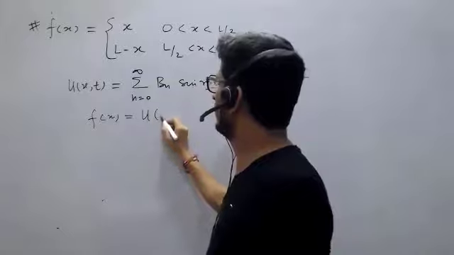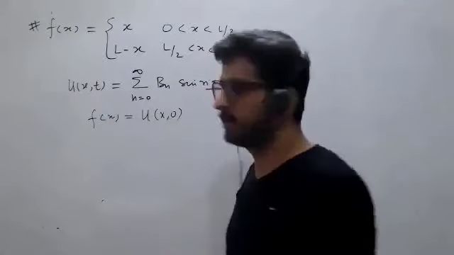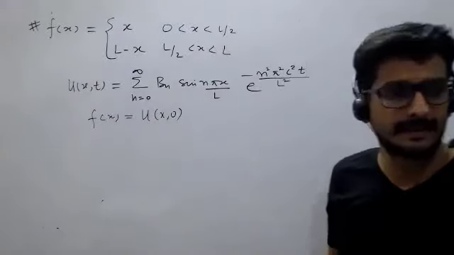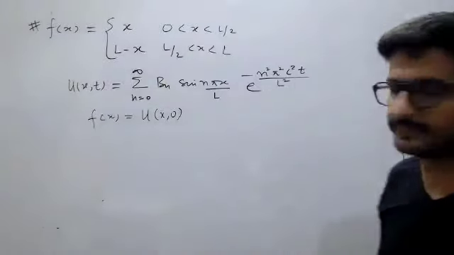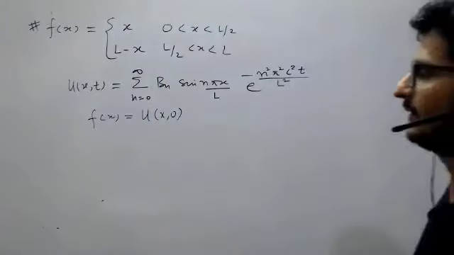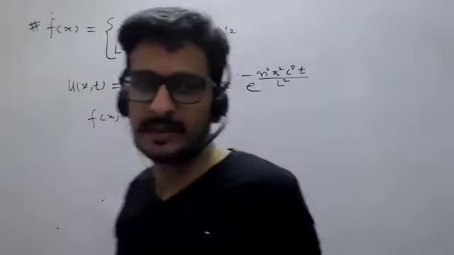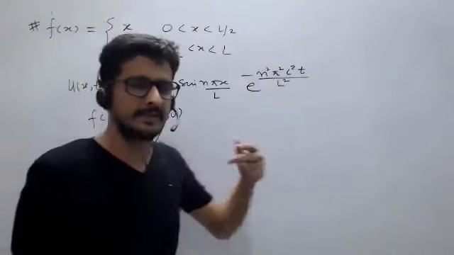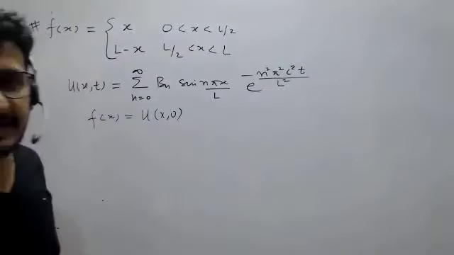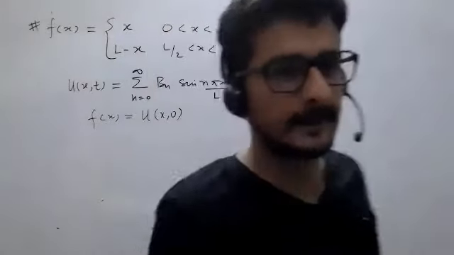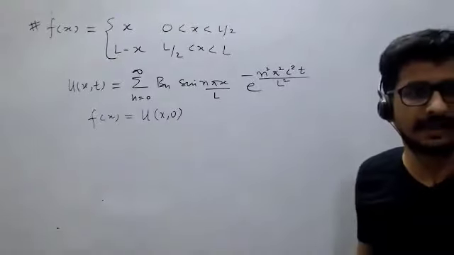It is u(x,0). That means it is kind of initial temperature. Okay, the profile of initial temperature, because it is a function of x. So that means the value of u will be different at different x. So you have to tell the initial temperature.